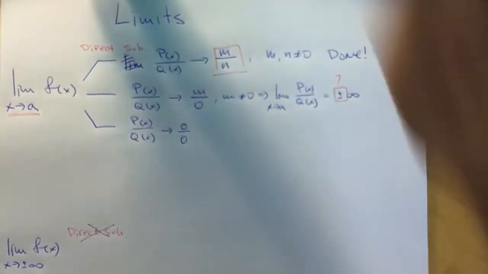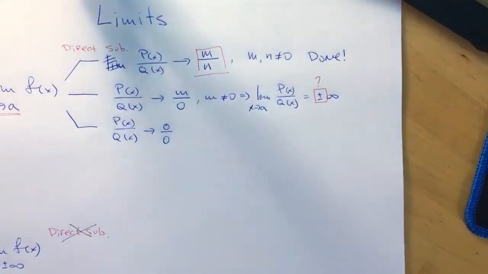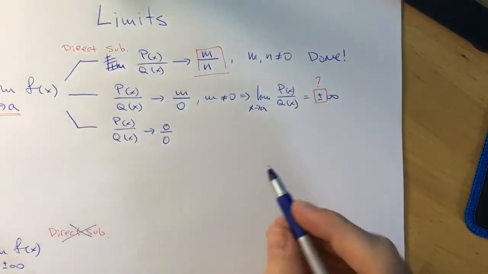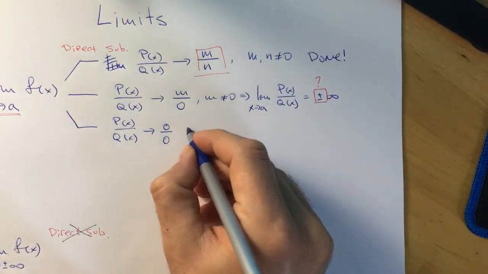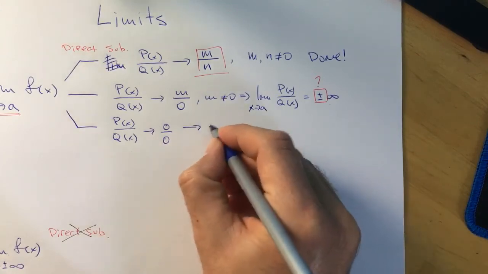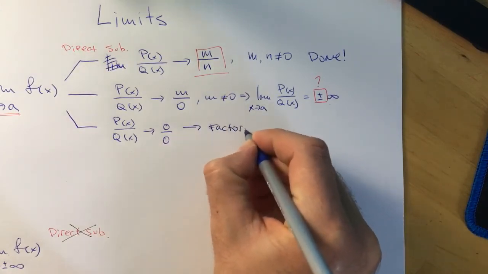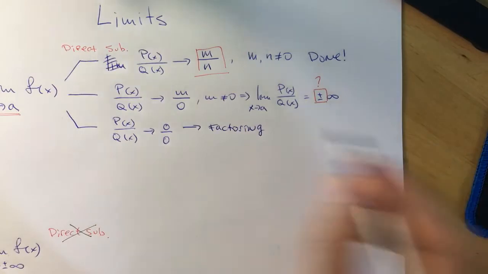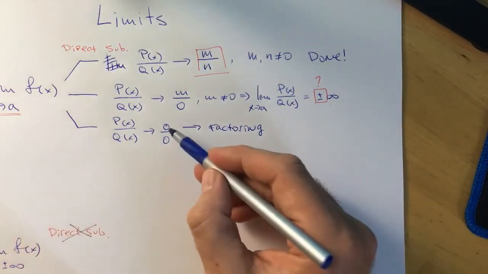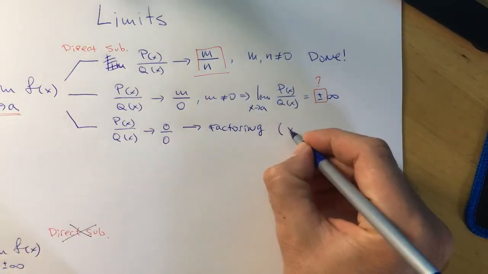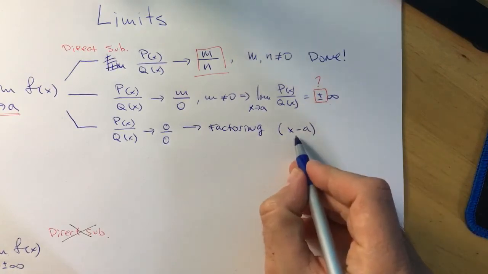Usually what we do, one of the strategies, is factoring. I've told you, if x approaches a and you get 0 over 0, there is a factor of x minus a that waits to be cancelled.